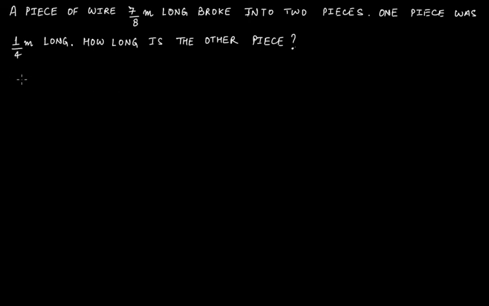Let's suppose that we have this wire, and the total length of this wire is 7/8 meter, and somewhere here it has been broken, and this part is 1/4 meter, and they are asking for the length of this piece. You have to find the length of this piece.